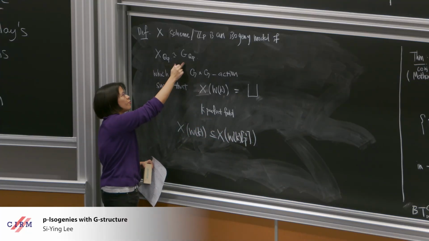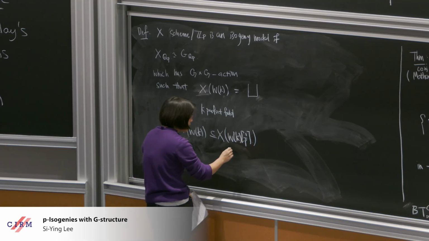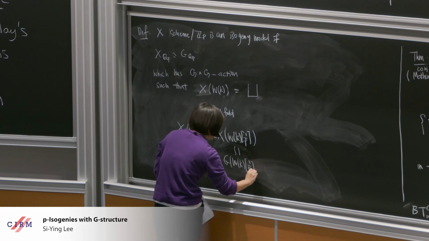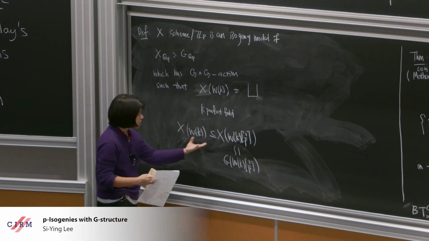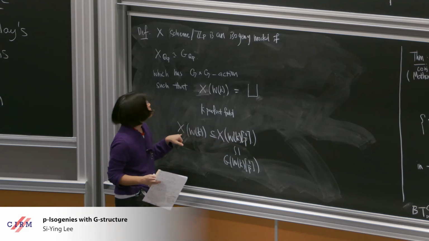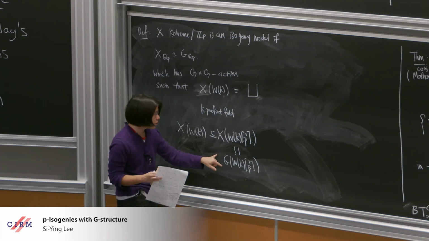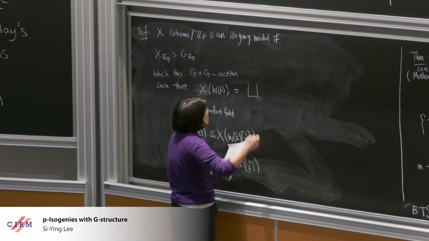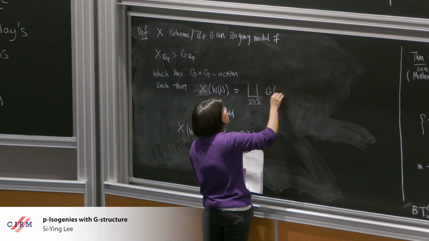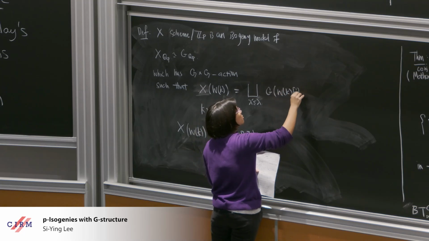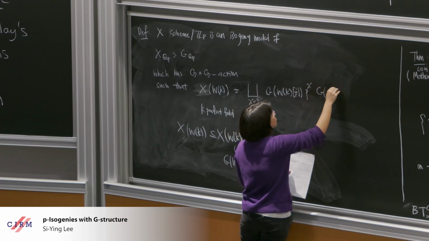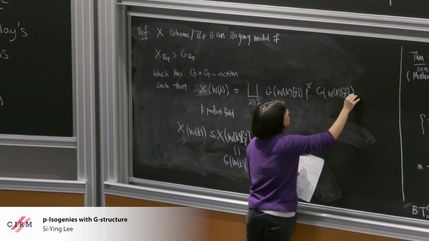And I know that on the generic fiber it's isomorphic, so I can put an isomorphism between this and G(W(k)[1/p]). And via this inclusion of the W(k) points of this isogeny model, what you get is going to be some part of the Cartan decomposition, so I'm supposed to be getting something like G(W(k)) p^lambda' G(W(k)). So this is something that I want.